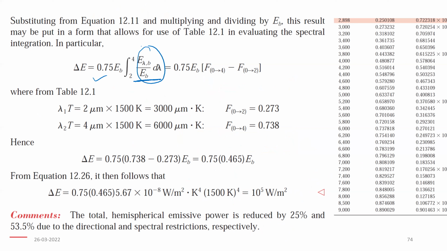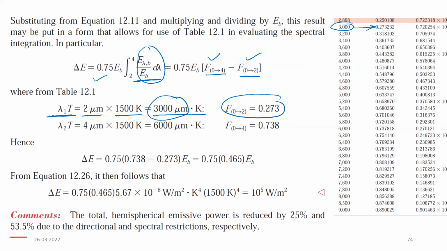This whole value will be equal to the fraction from 0 to 4 and 0 to 2, and we have to calculate this fraction of energy by this value of lambda T. So lambda 1 T is 2 micron meter into 1500 Kelvin, which is 3000 micron meter Kelvin, and this value can be seen from table 12.1 shown here. It is 3000 lambda T, and this is the value of f 0 to 2, which is the fraction of energy in this particular wavelength range.